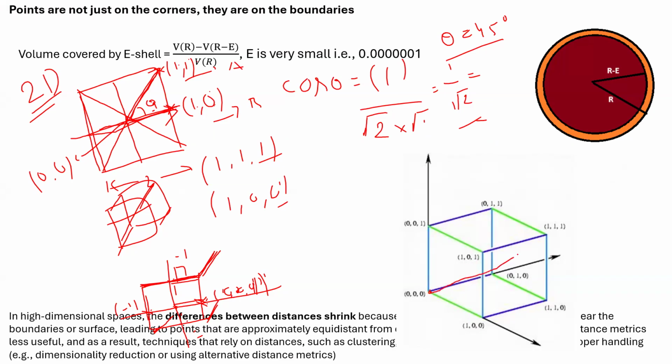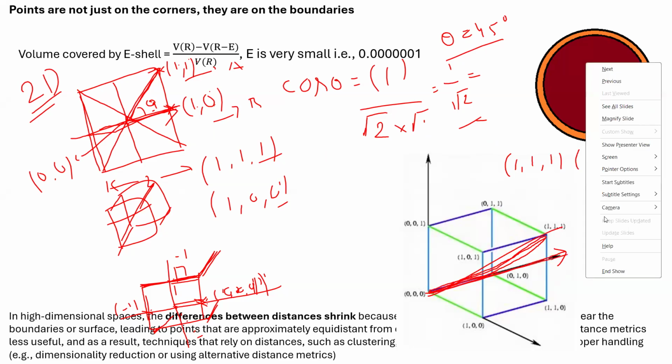This is the diagonal, from 0 to (1, 1, 1), and this is the main axis (0, 1, 0). So can I find the angle between (1, 1, 1) and (0, 1, 0)? This diagonal and this main axis. Are you getting me?